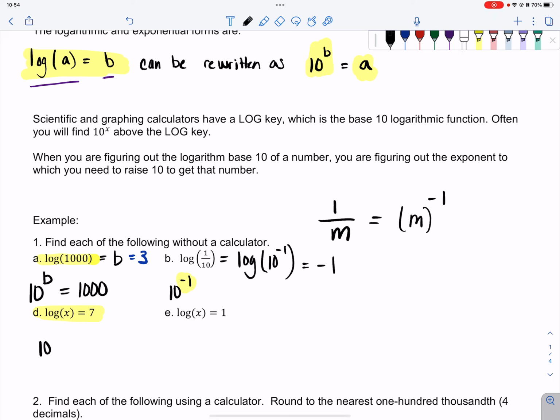So 10 to the 7th power is equal to our input of the logarithm, which is x. Similarly, the next one, log of x equal to 1. This means that we have been given the exponent on 10, so 10 to the 1st power. This is then equal to x as well.